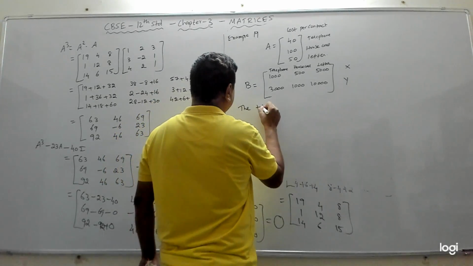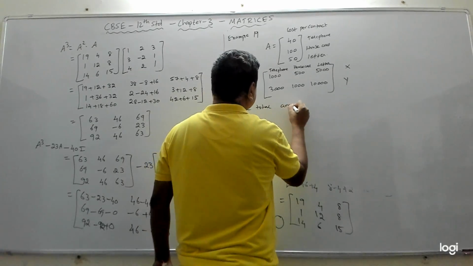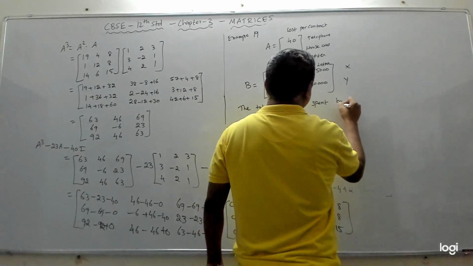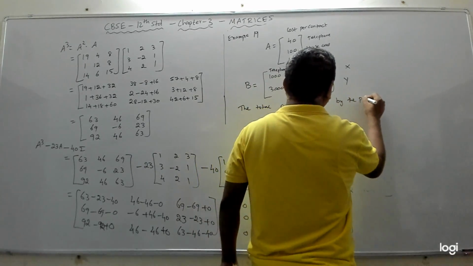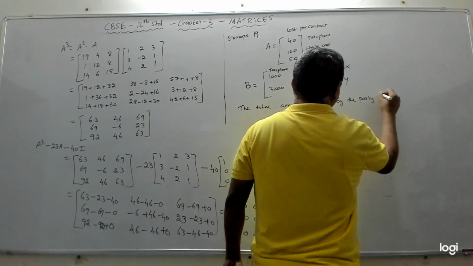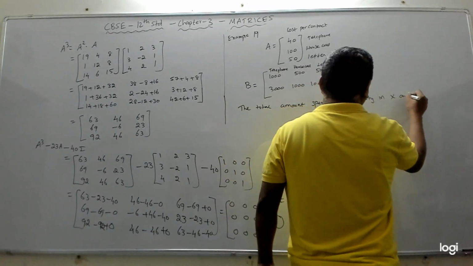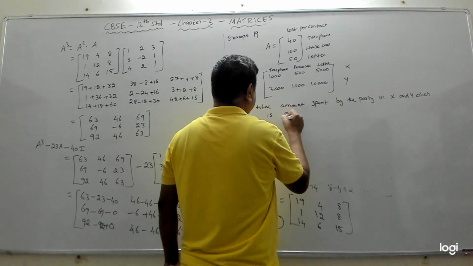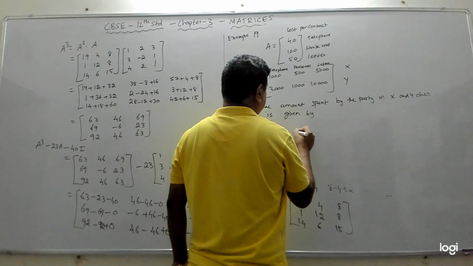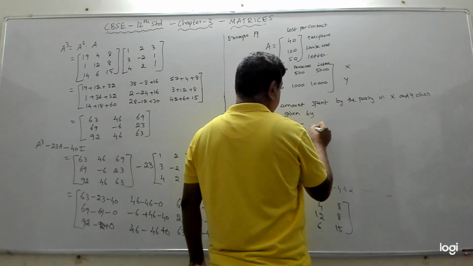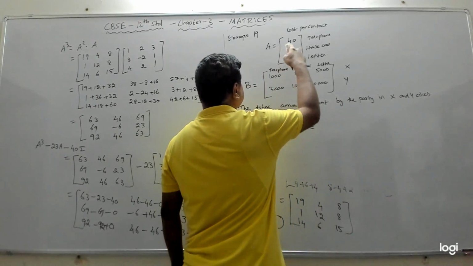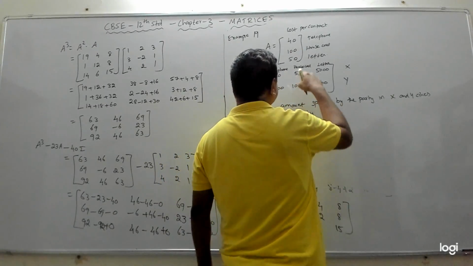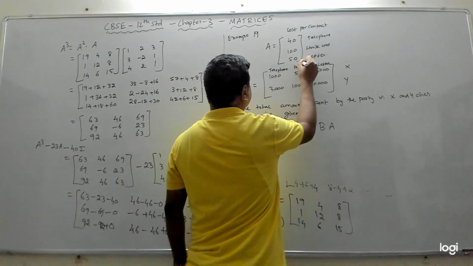The total amount spent by the party in X and Y cities is given by another matrix C, which is equal to B with A. You have to multiply B with A. See, the order of A is 3 cross 1.